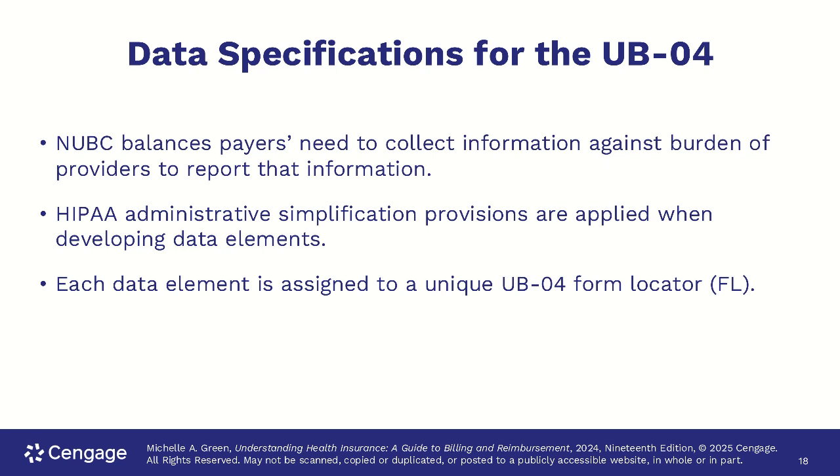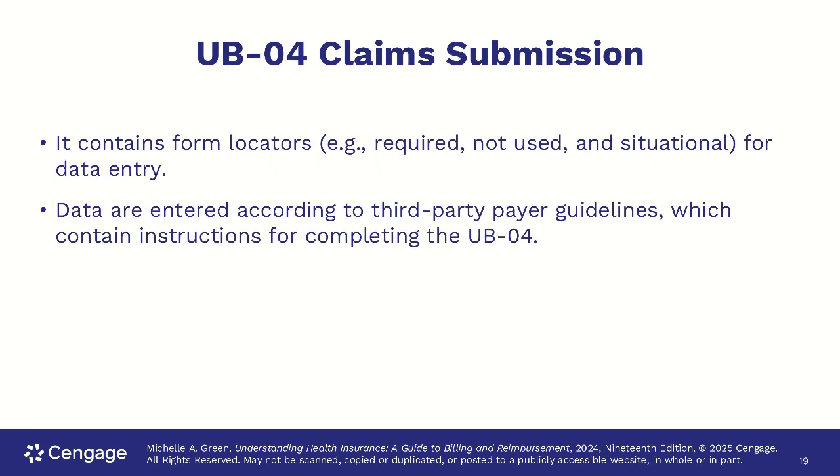So, on the UB-04 claim form, the NUBC balances what payers need against what we are obligated to report. And then I already mentioned HIPAA kind of mandated what goes into each little box, which are called what? Form locator. So each little form locator has an actual name.